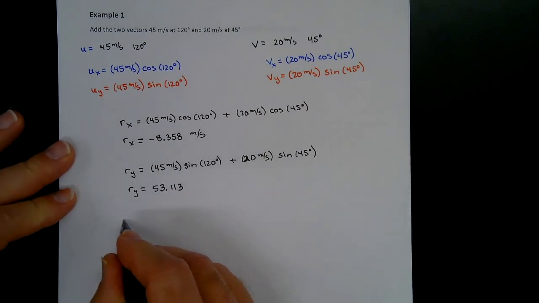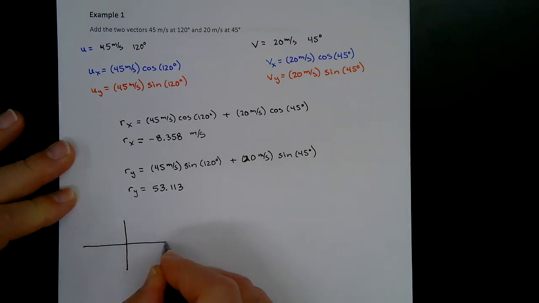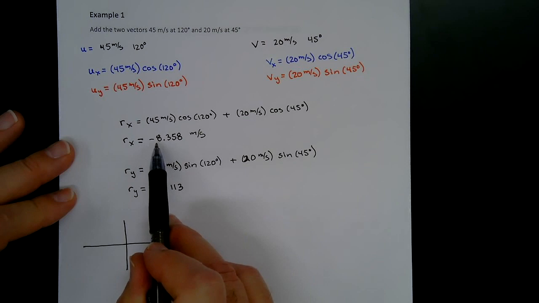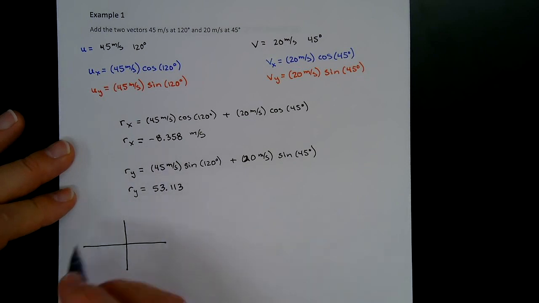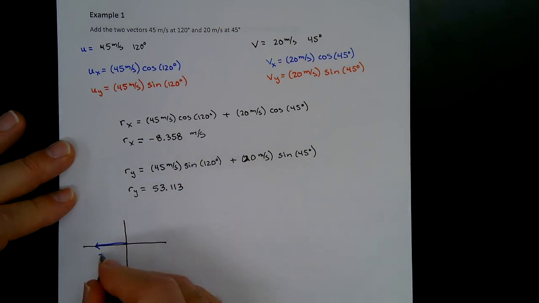I'm going to draw my horizontal component first, so I'm going to go left and then up. And again, this is not drawn to scale, so it's fine. This is going to be negative 8.358 meters per second.